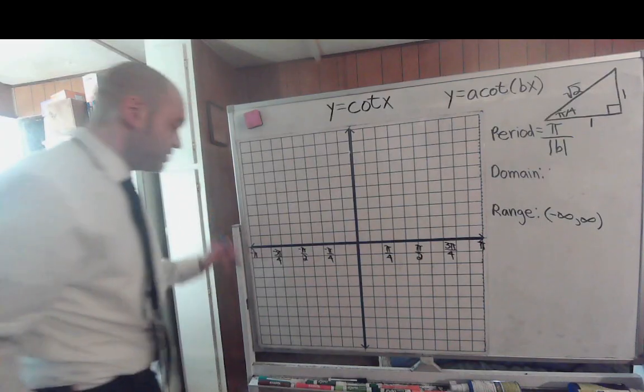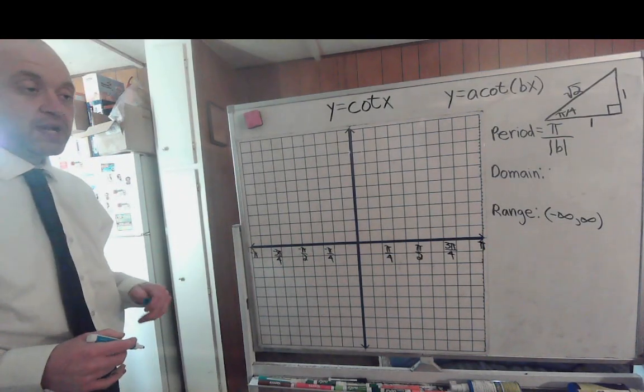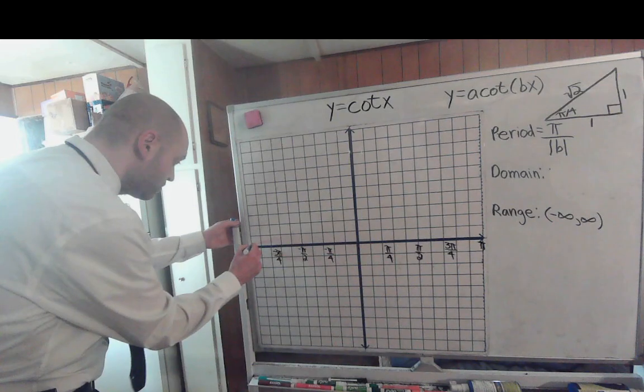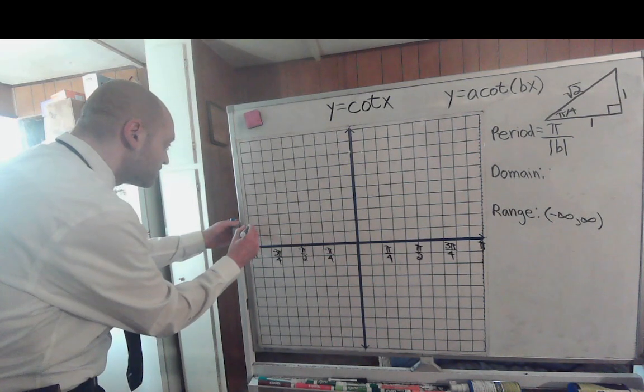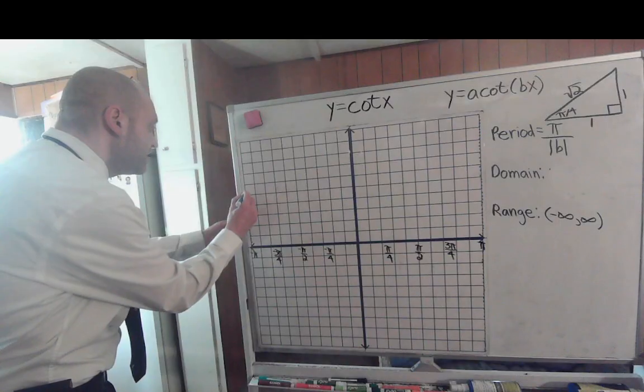And then let's do negative pi. Again, you would have negative 1 divided by 0, which is undefined, so you have yet another asymptote at x equals negative pi.